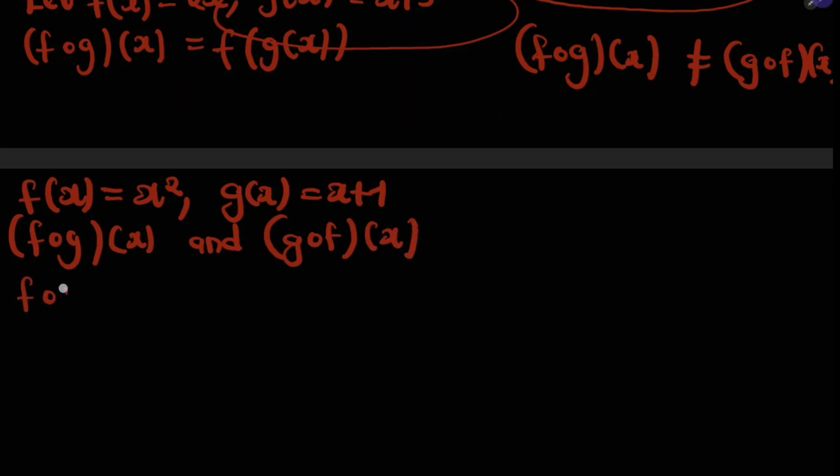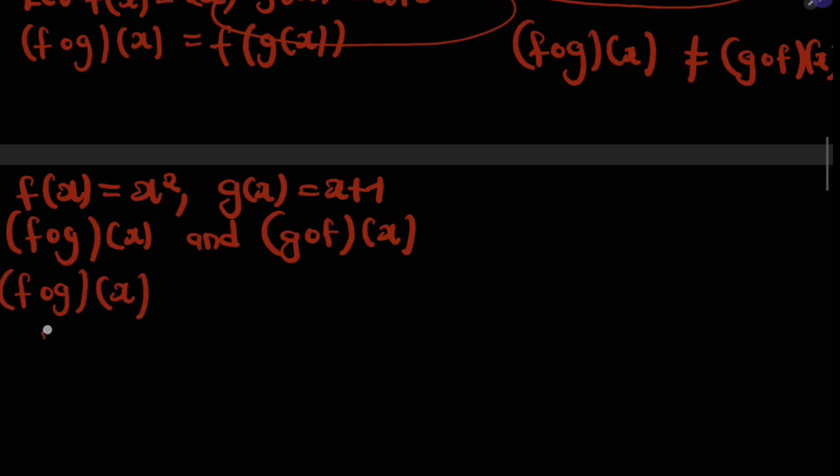So let's take the first case, f of g of x. So we are going to have x plus 1, all that squared. Remember, we are replacing x in f of x with g of x. So that is why we have x plus 1, all that squared.